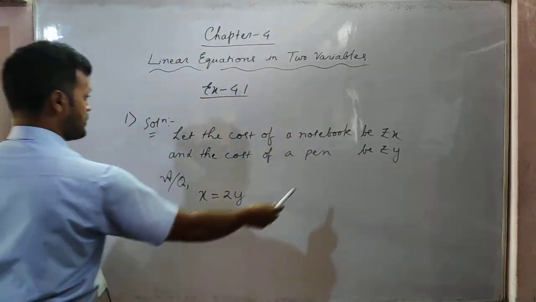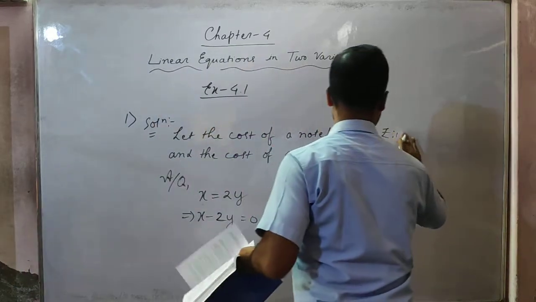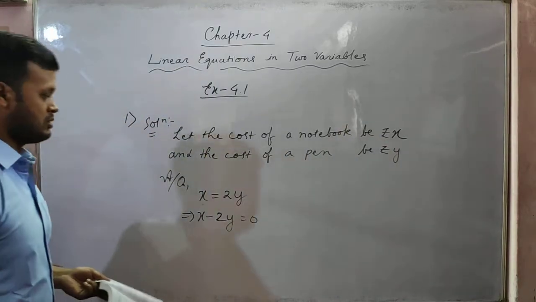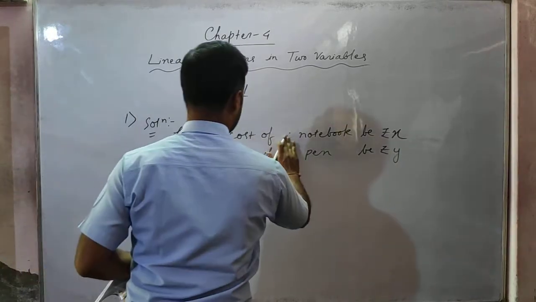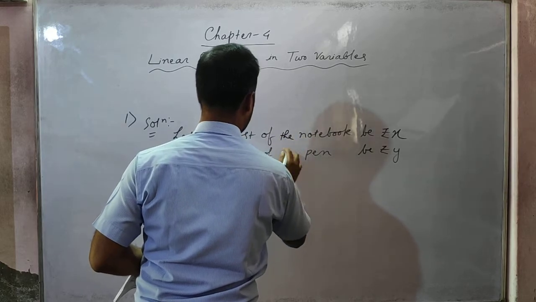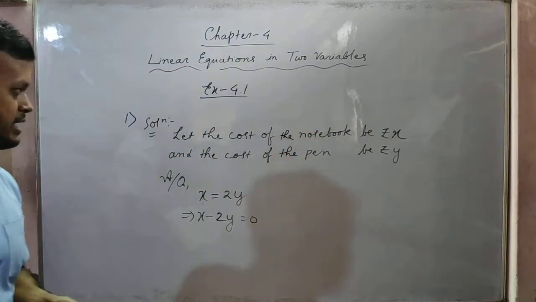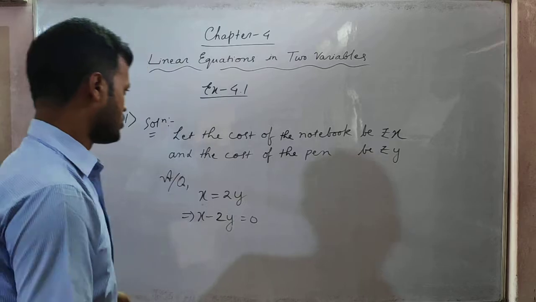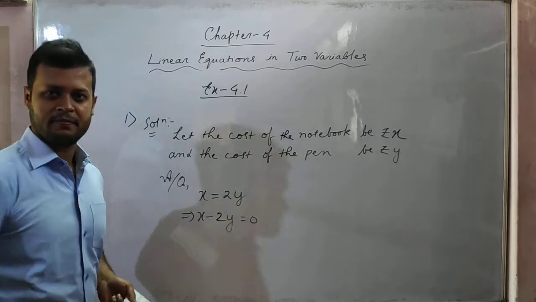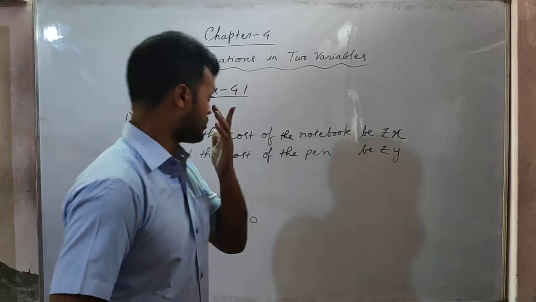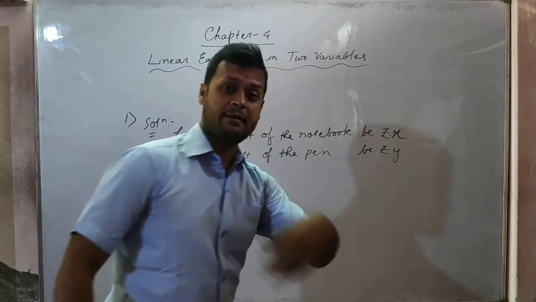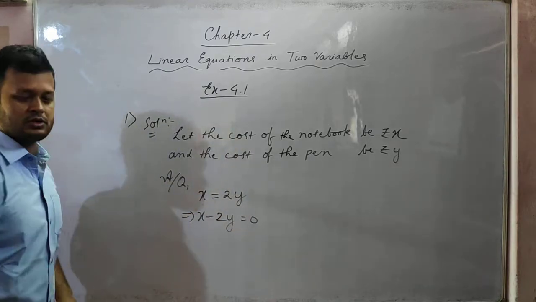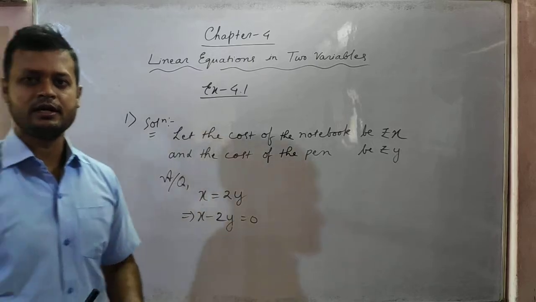So let the cost of the notebook be rupees X and the cost of the pen be rupees Y. So X is equal to 2Y. 2Y you bring to the left hand side, so X minus 2Y is equal to 0. This is the required linear equation in two variables.